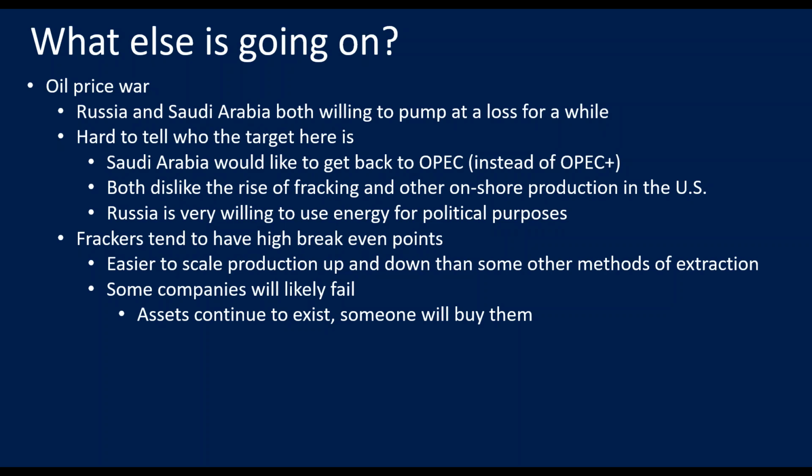And what happened in this instance is OPEC had a deal for production, and Russia said, we don't think so. So now Saudi Arabia and Russia in particular are both willing to just pump oil at a loss for a while. We'll see how long that takes, right?